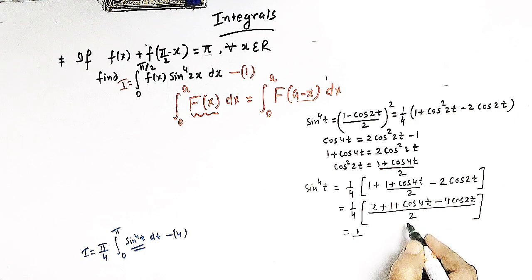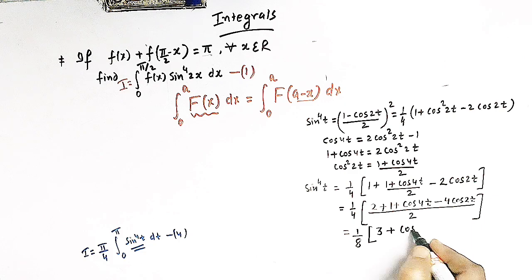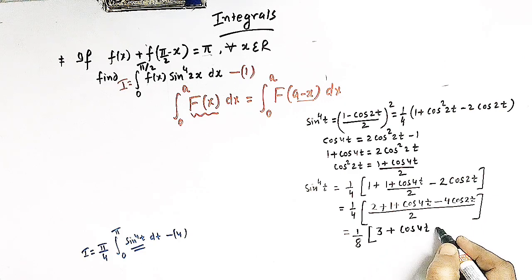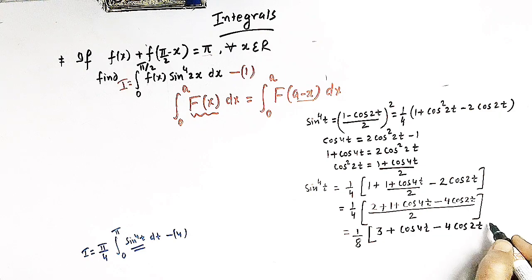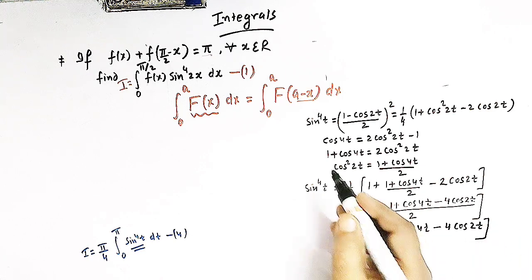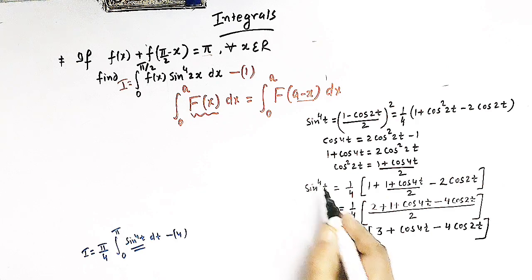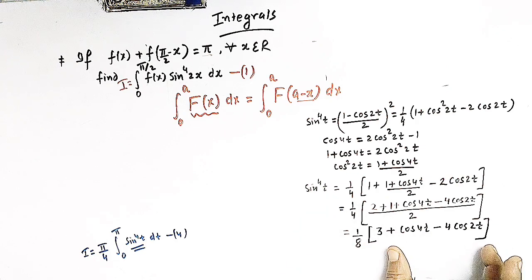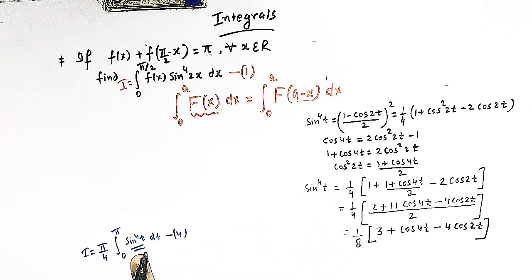So we have 4 times 2 is 8, and this is 2 plus 1 is 3, and then we have cos 4t minus 4 cos 2t, right? So viewers, the value of sin⁴t is given by this expression, right? And now let us substitute the value of sin⁴t in this integral.